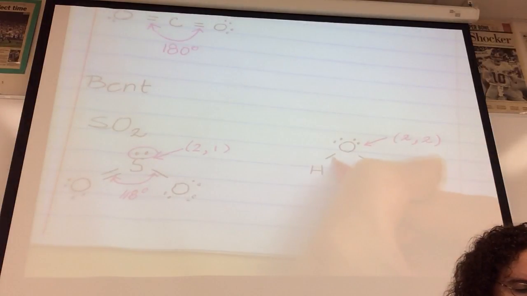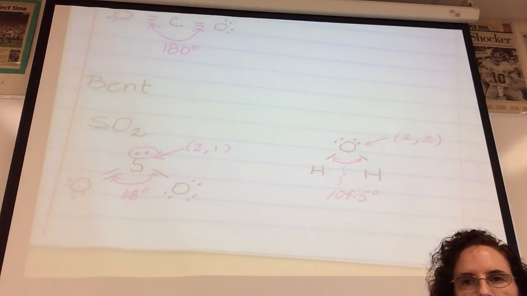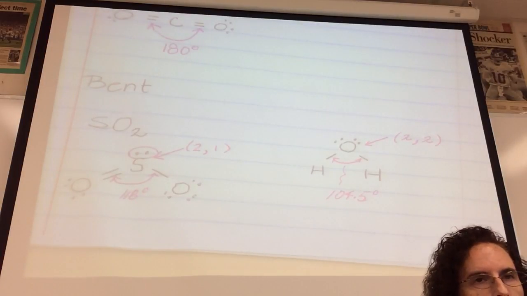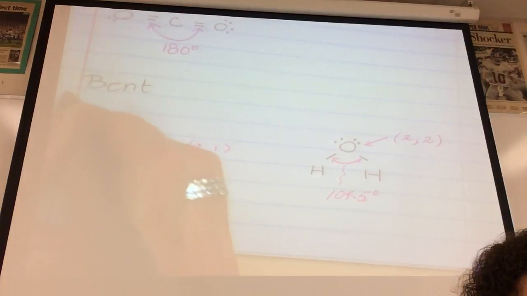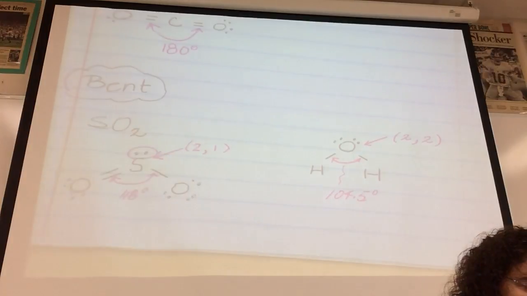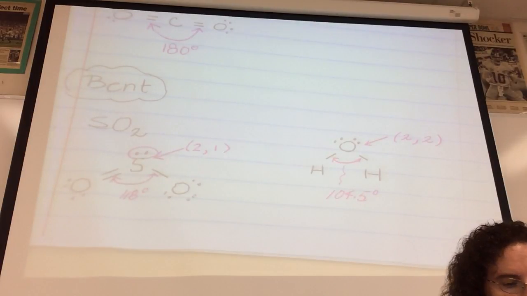So this is bent also, although this is 104.5 degrees. So it's a tighter angle than that one, for reasons that are really too advanced to get into. So you have linear and bent. Linear, 2 atoms attached, no lone pairs. Bent, 2 atoms attached, either 1 or 2 lone pairs.